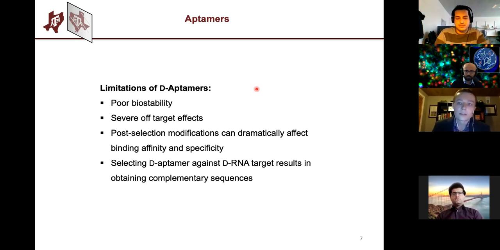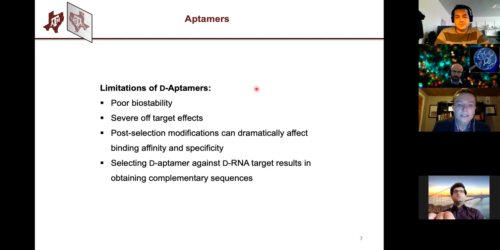If you do modify them post-selection by adding, for example, a locked nucleic acid or phosphorothioates at the terminal ends, you can affect binding affinity and specificity quite dramatically, and that takes a lot of post-modification optimization to make it work effectively.